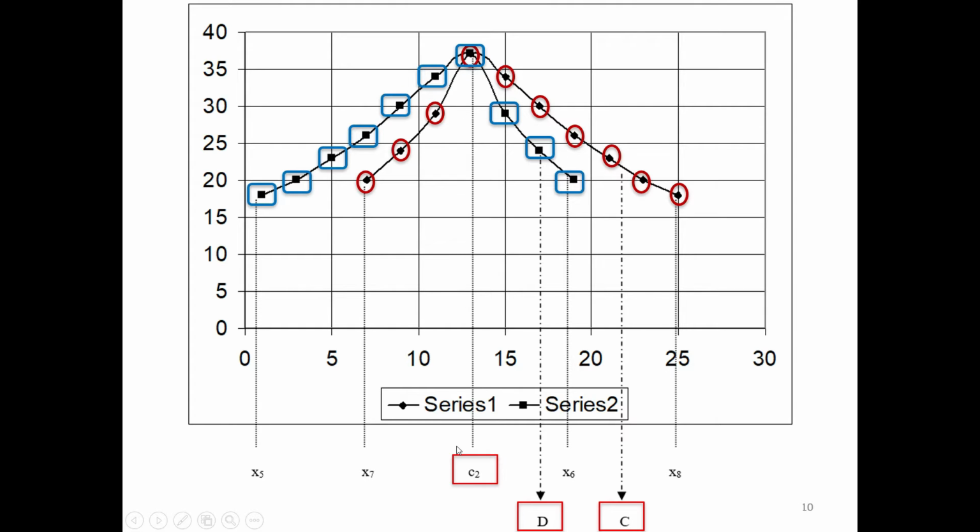If you compare x7 and x8 with x5 and x6, they are equal. So dispersion, scatterness, is the same in both curves. That's why I colored it, so you can identify curves C and D easily.